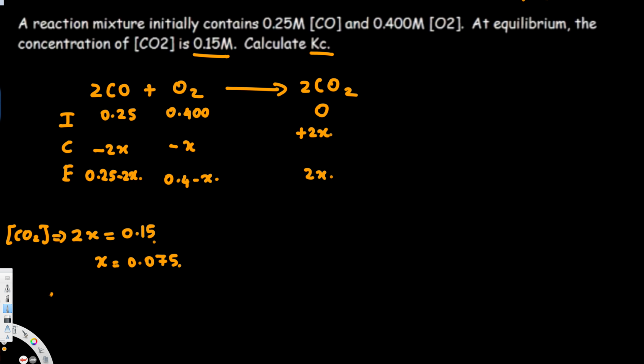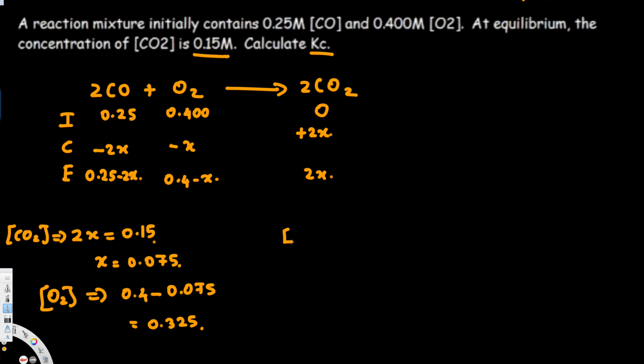Now let's go for the oxygen next. Oxygen is 0.4 minus x, so here we are going to have 0.4 minus, instead of x I plug in 0.075, and that's going to give us 0.325, right? And let's calculate carbon monoxide.